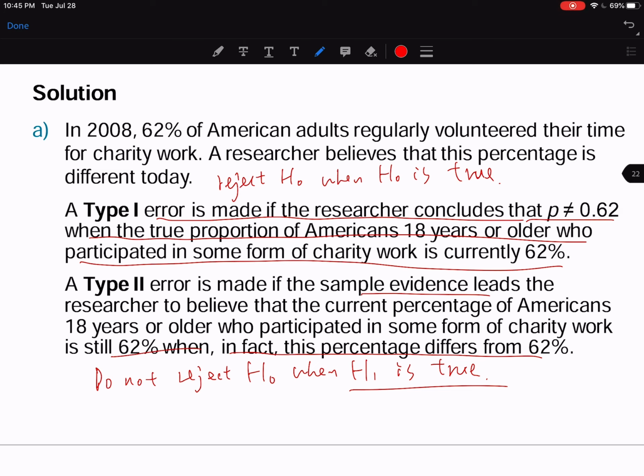If they believe the percentage is still 62%, that means they do not reject the null hypothesis when the alternate hypothesis is true, and that's why we say they're making a type 2 error here.